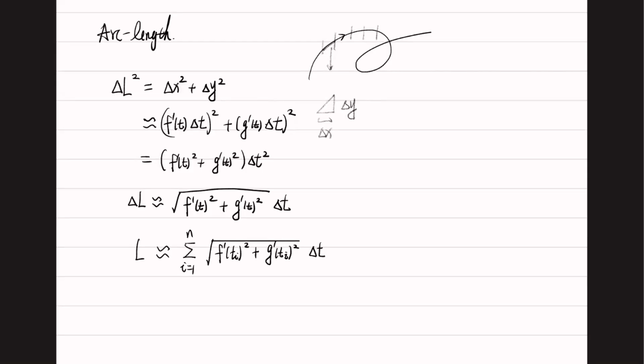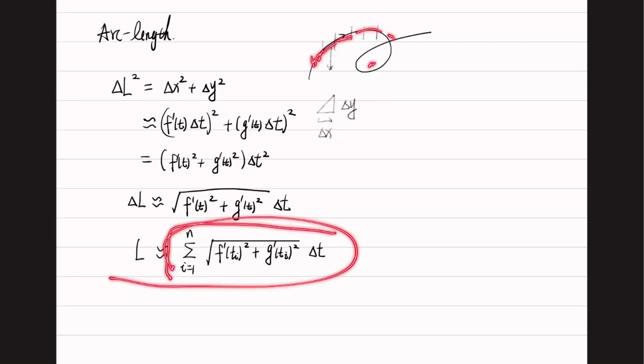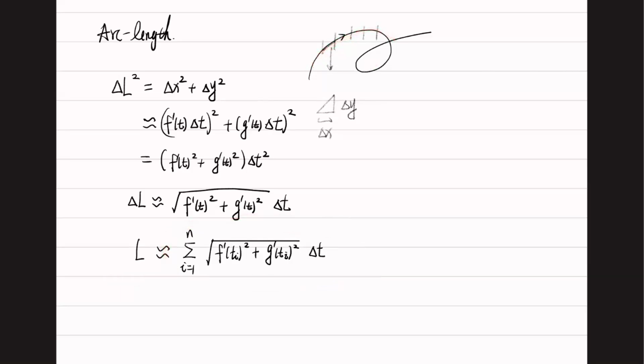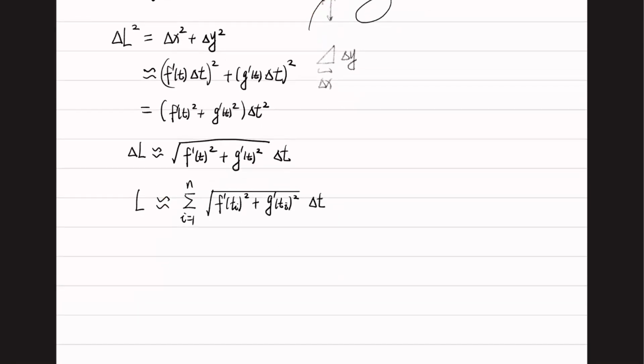We break this into small pieces, find an approximation for each of them, add together, and we have one approximation. As I have done before, if we take a limit, the limit gives us an accurate value of the arc length. So taking the limit, we get an integral.